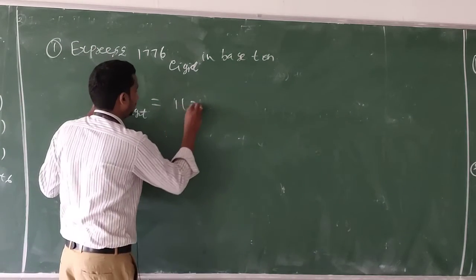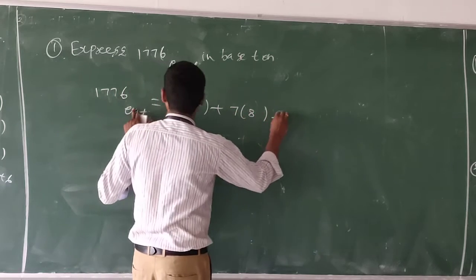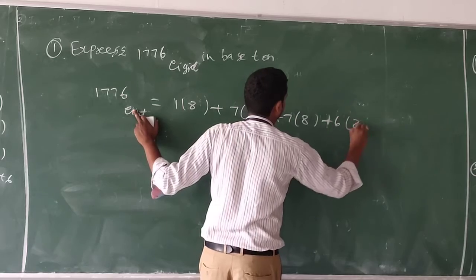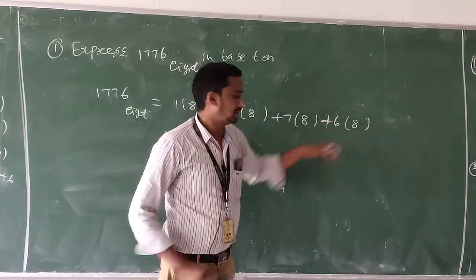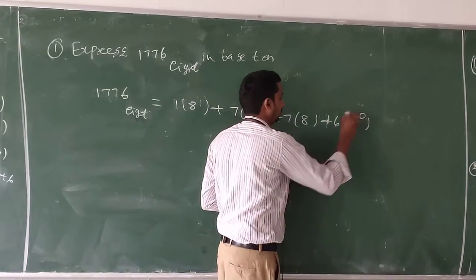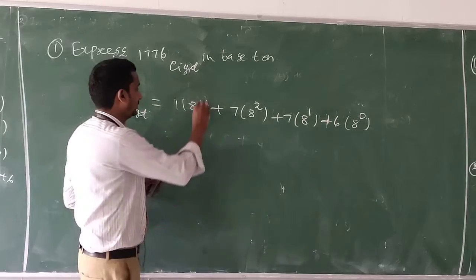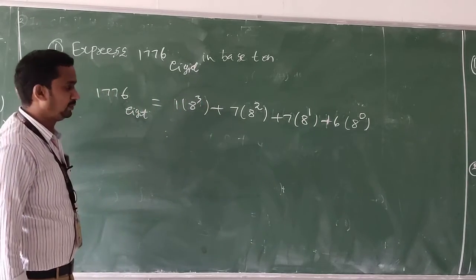So 1 into 8 plus 7 into 8 plus 7 into 8 plus 6 into 8. The powers are assigned starting from the last term: last term 0, previous one 1, next term 2, the next term 3. Suppose your problem has extra terms, 4, 5, the powers will continue.